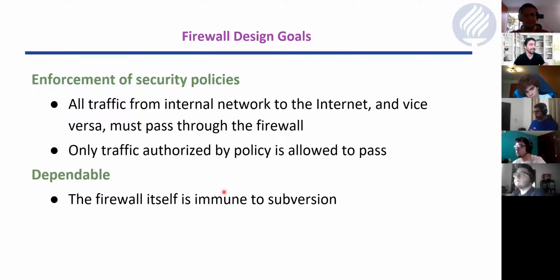I'm saying this because all the traffic is passing through the firewall. So you want your firewalls to be immune to subversion. You don't want someone to be able to modify it, disable it, or do whatever with your firewall. It should be working properly. And you should be able to trust the firewalls because all your traffic is now passing through them.